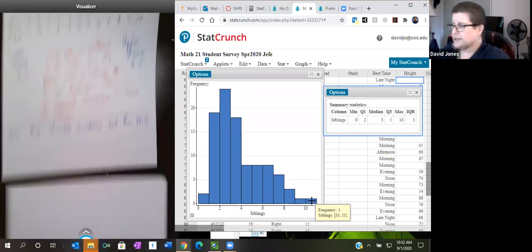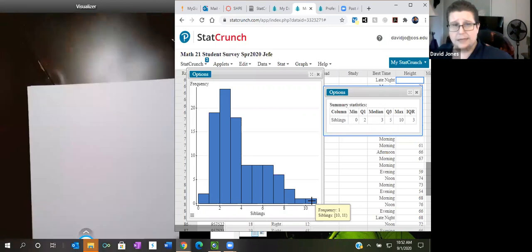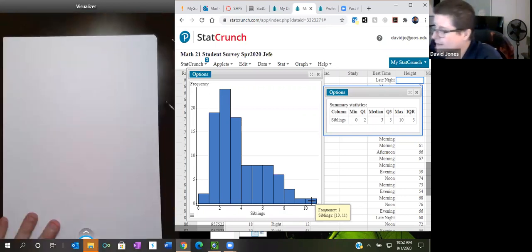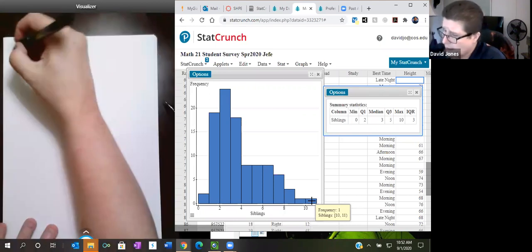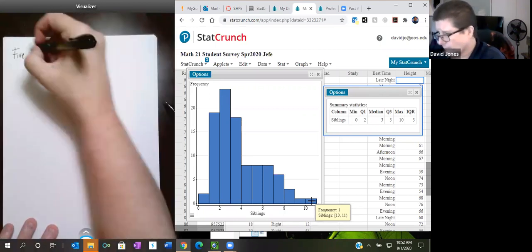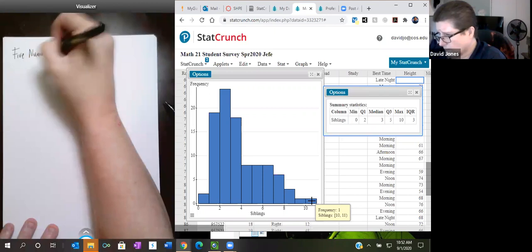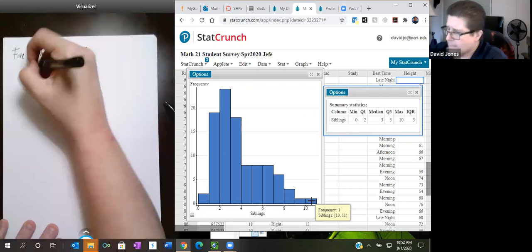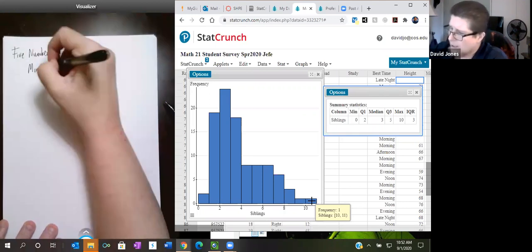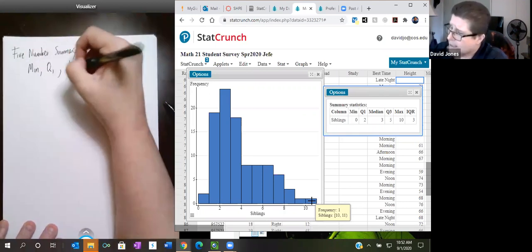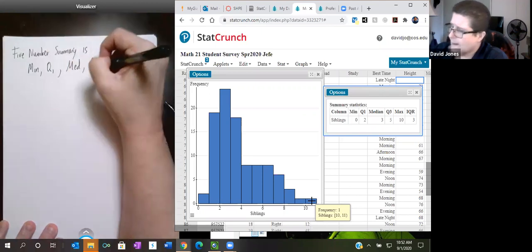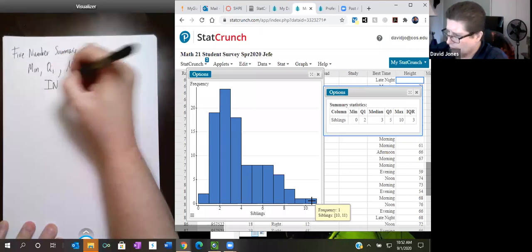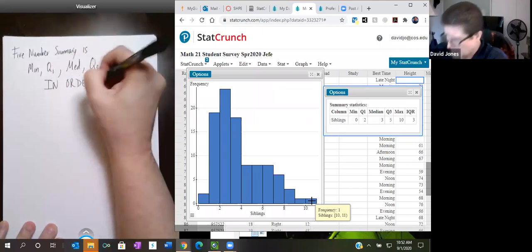So the 5-number summary, I'm going to keep this nearby because I'm going to need the numbers. Actually, I have them on the screen, right? The 5-number summary in order is min, Q1, median, Q3, max. You write them in order.